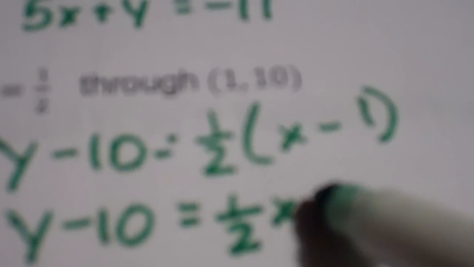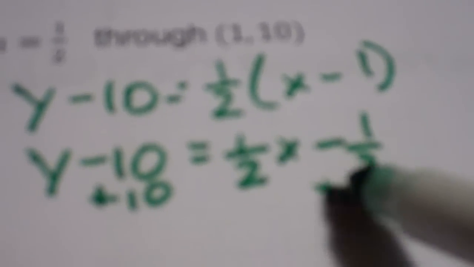This is what I was waiting for, fraction one. Alright, here we go. y minus 10 equals 1/2 (x minus 1). Okay, you have to distribute and simplify. y minus 10 equals 1/2 x minus 1/2.